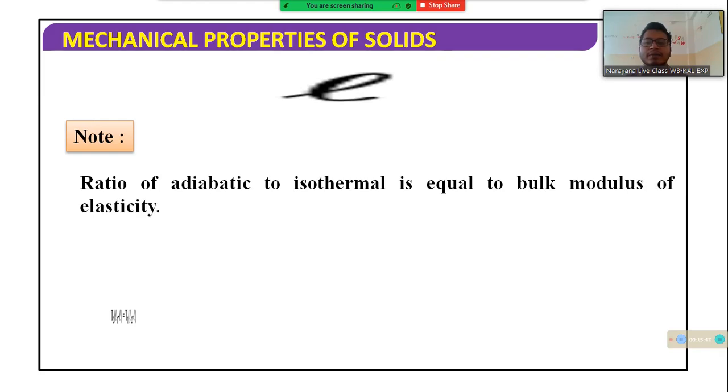Next, the ratio of adiabatic to isothermal bulk modulus of elasticity.